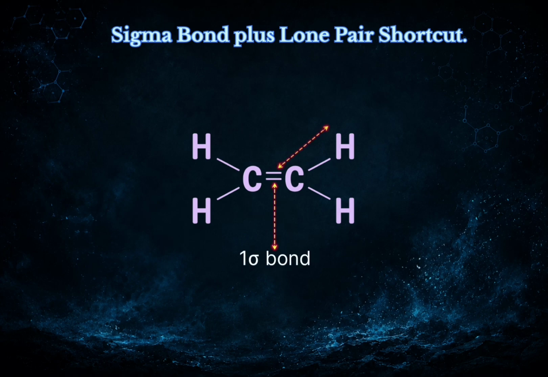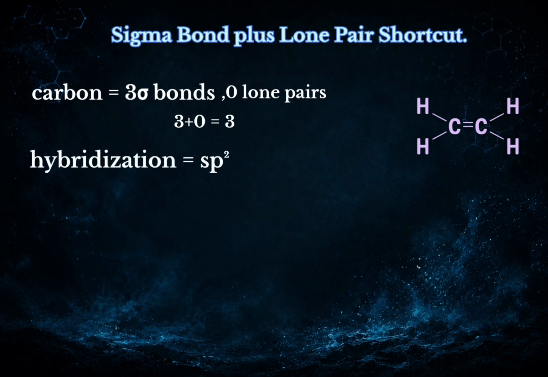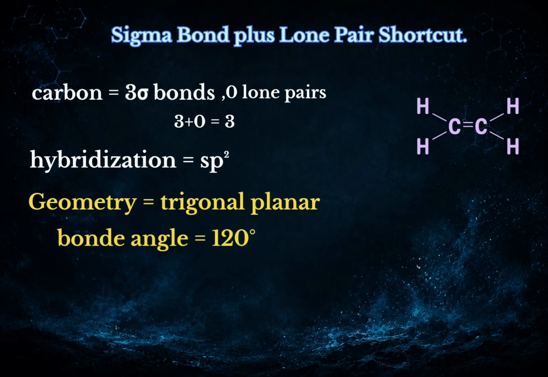The other bond is a pi bond, and we do not count pi bonds, so carbon has 3 sigma bonds and 0 lone pairs. 3 plus 0 equals 3. A steric number of 3 means the hybridization is sp2. Its geometry is trigonal planar, with a bond angle of 120 degrees.